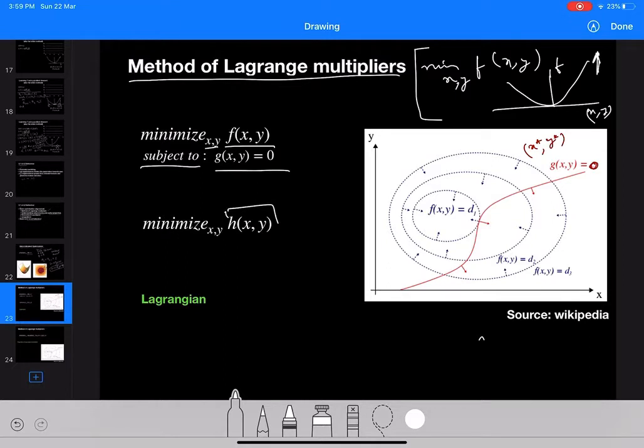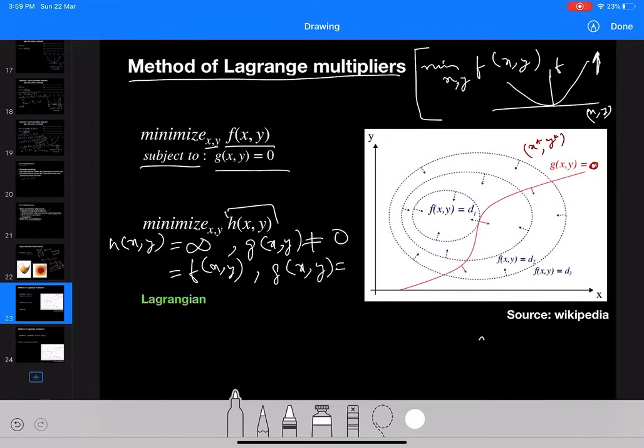Eventually it will make sense, but just follow along for a while. h of xy is equal to infinity when g of xy is not equal to 0, and it is equal to f of xy whenever g of xy is equal to 0.